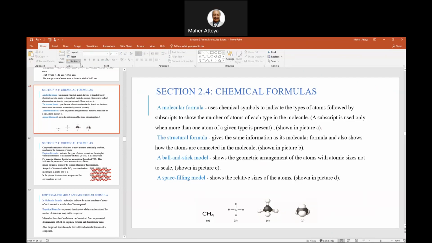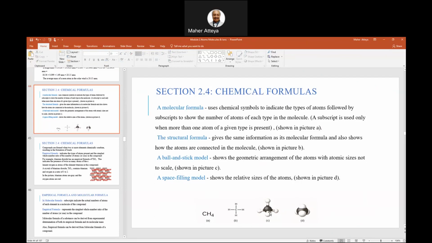So if you look at this one here, this is called space filling. The last one is called space filling. Why space filling? It does not show any bonding. It just shows the atoms compressed to each other. It does not show the dimension, how they really spread out in space.